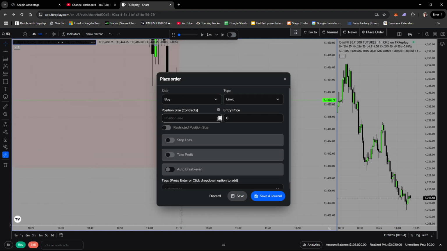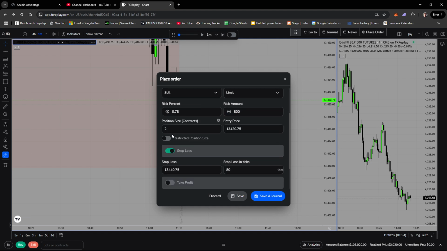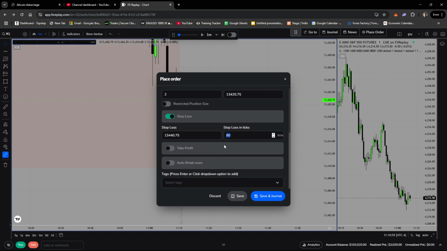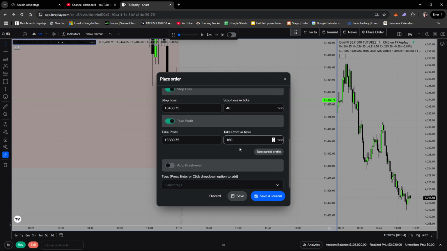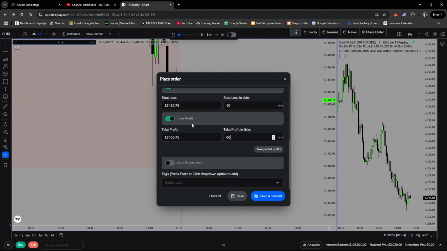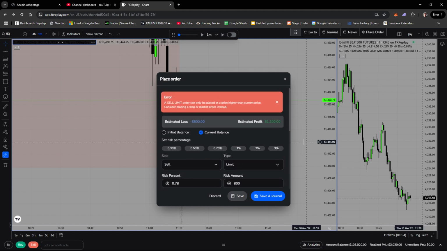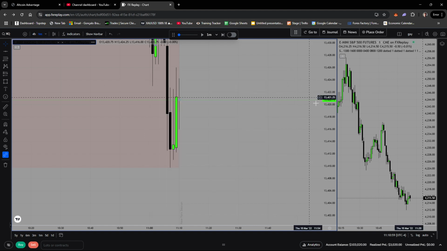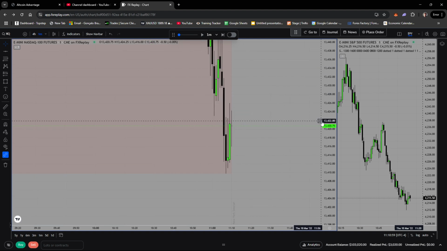It's above now. Sell. Stop loss. Take profit. Let's go. The sell limit can only be placed at a price higher than the current price. It is higher. Well, we're going to avoid this then.